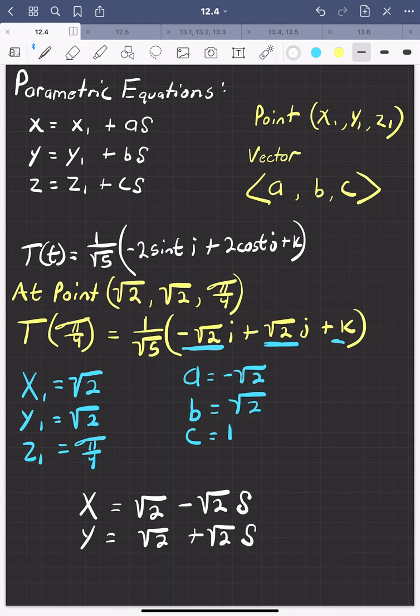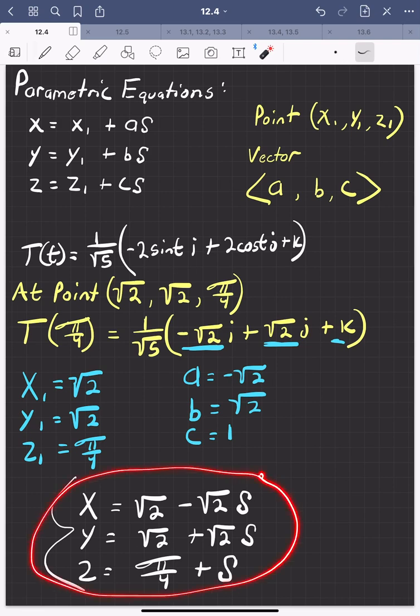And finally, z is equal to pi over 4 plus s. There we go. I hope it makes sense that this is a line. This is now the equation of a line in space using a parametric form.